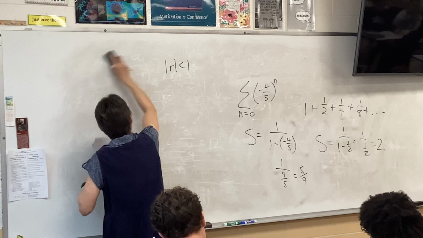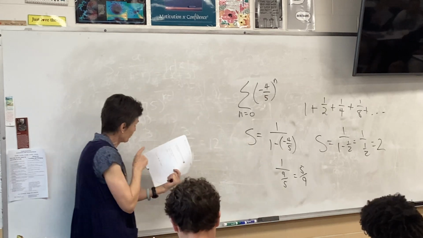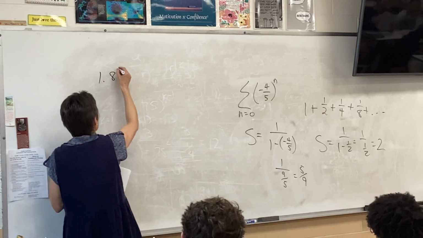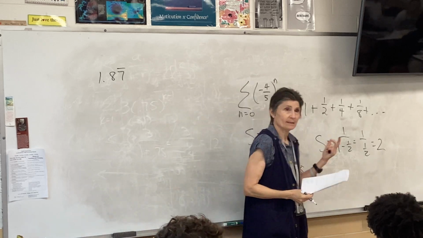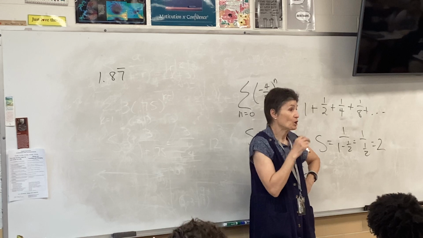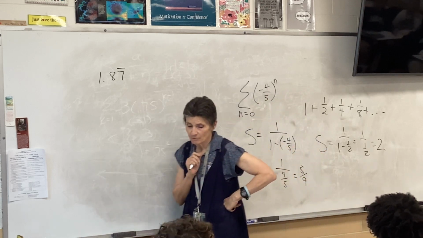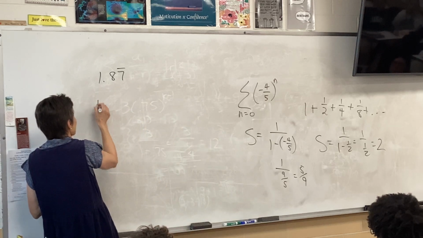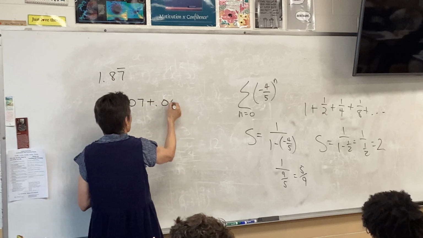Now, the last problem we did the other day, I skipped number 4 to go to number 5, to talk about these repeating decimals. There are at least 2 different ways, probably more than that, of changing these into fractions. But one way is to think of them as infinite geometric series.